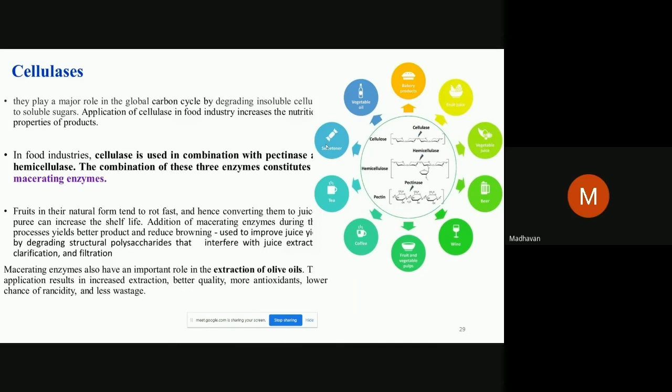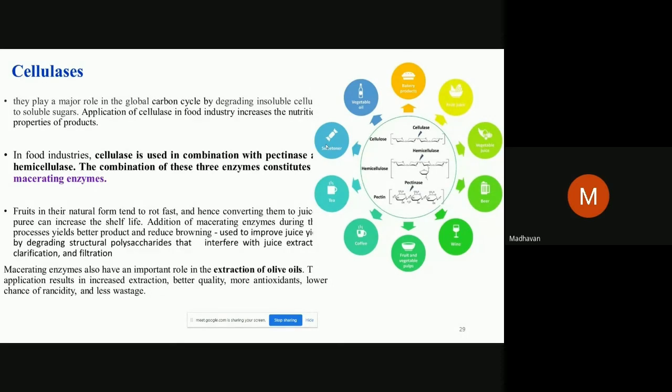I think the slide did not come out properly. So when you make a biofuel like bioethanol, the idea is to generate fermentable sugars from complex materials like cellulose or hemicellulose.